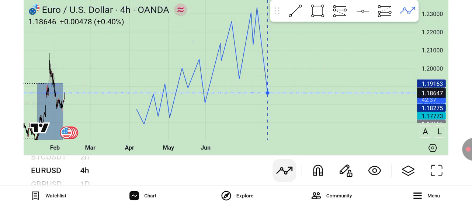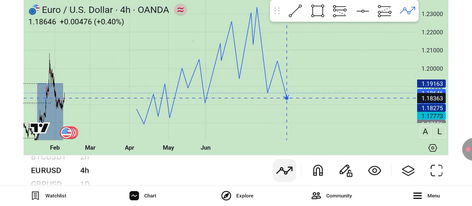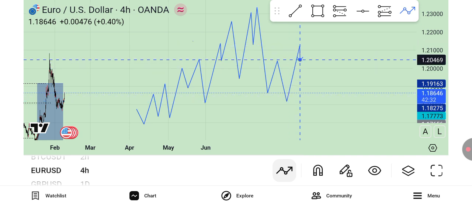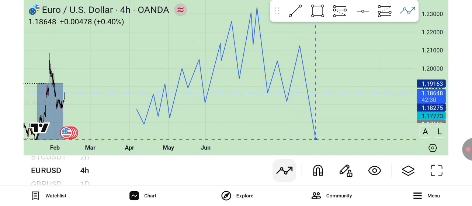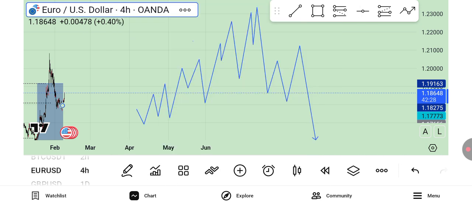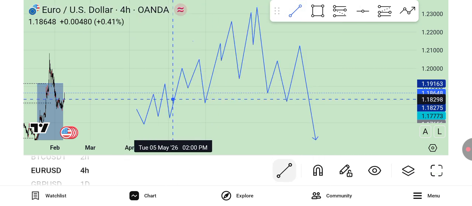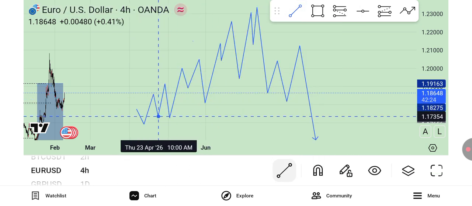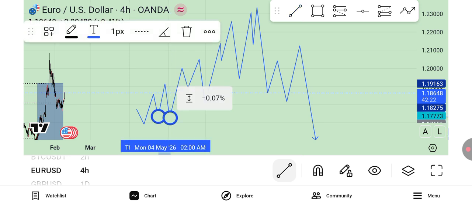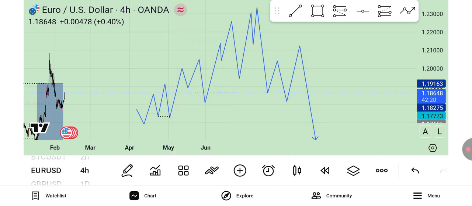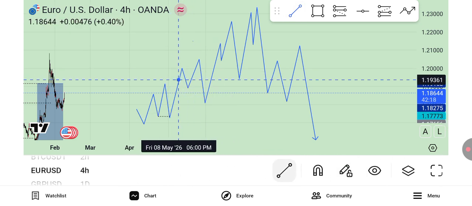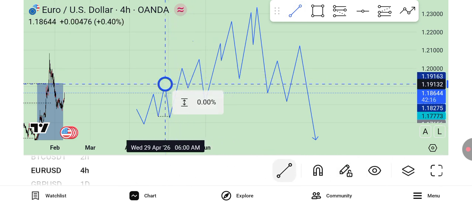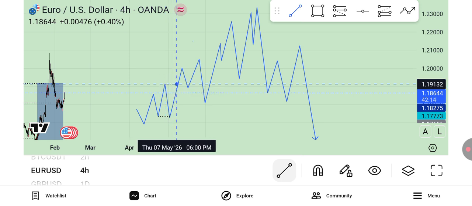You understand what I'm saying now? Look very well here. Market take liquidity here. That's our break. That taking liquidity. It break like this. You understand?